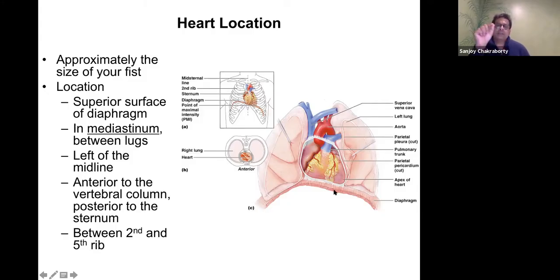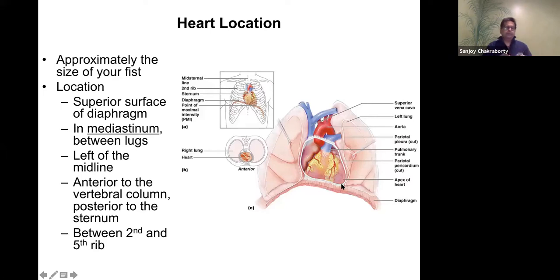The word apex means the top of the mountain, if you consider that. So in the case of the lung, that's their apex, but in the case of the heart, that's the apex. So we can say the heart is kind of upside down. The base is right over here, and the apex is right over here.